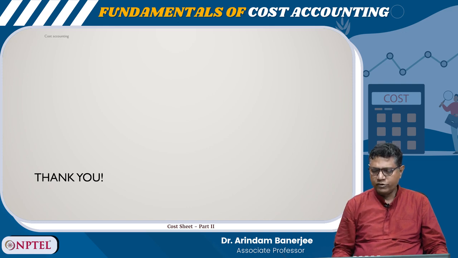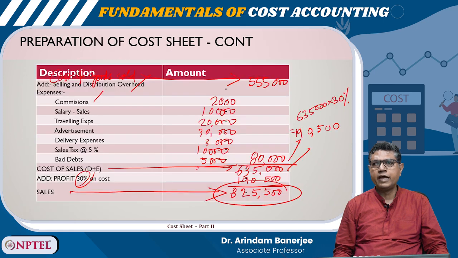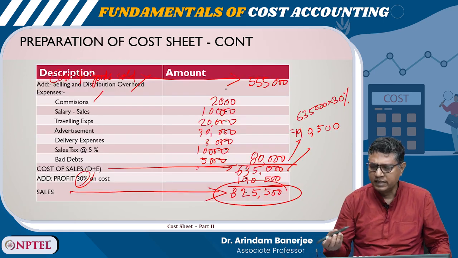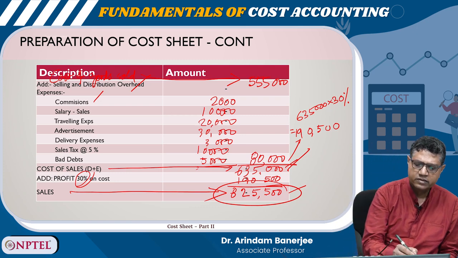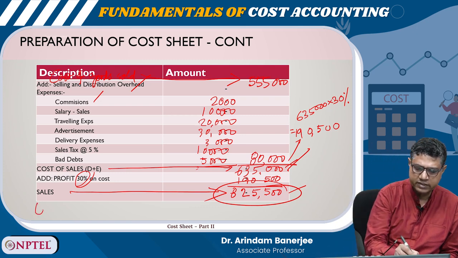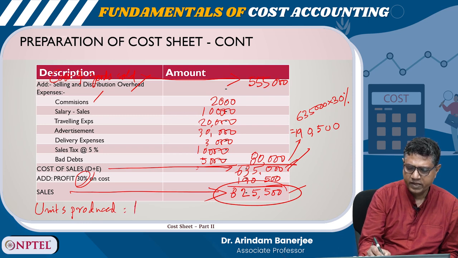Okay. So, this way we can add all these cost elements to calculate the unit cost. Now, if I go back to the previous example which we calculated, the total sales is 825,500 and my total cost of sales is 6,35,000. Now, suppose the number of units produced is say 1000 units.